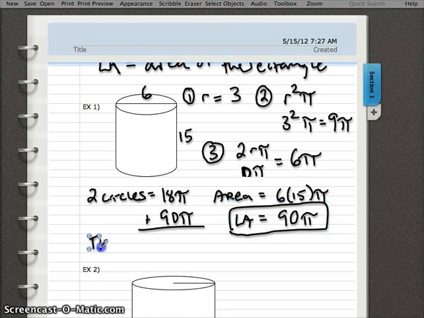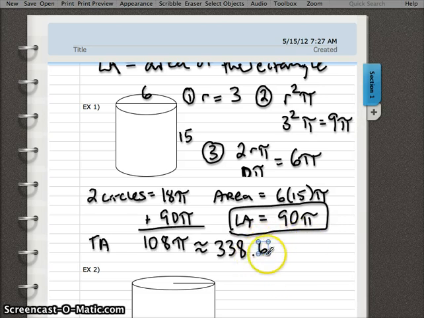Total area would be if we added them together, and the total area, if we combine our like terms here, because they both have pi, we could say it's the same as 108 times pi, which is approximately, if we do the math, 338. You could say 0.6 or point whatever.